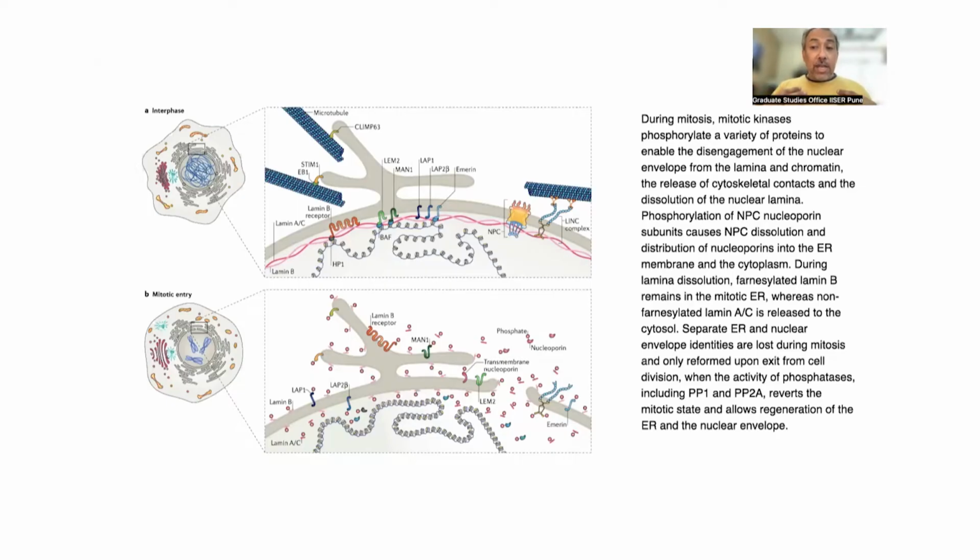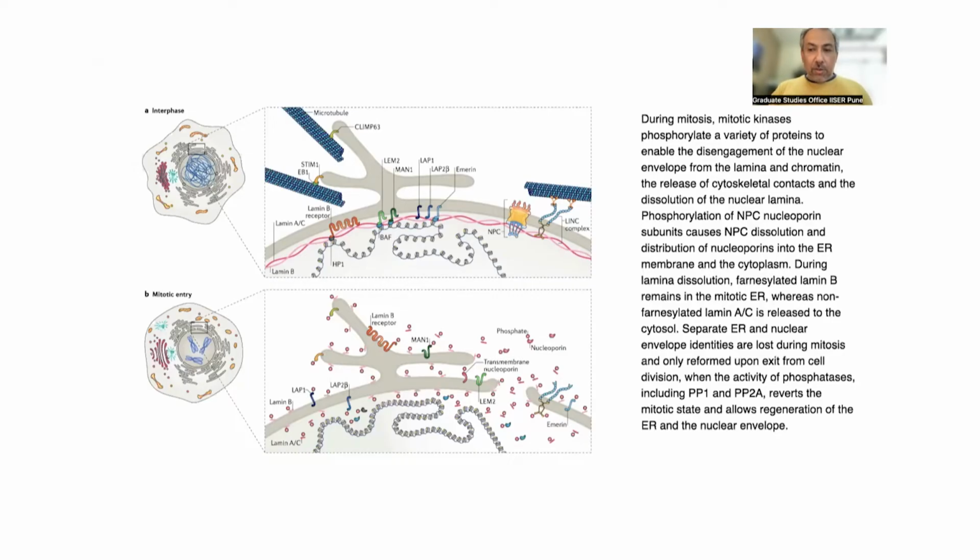The release of chromatin and cytoskeletal contacts and the dissolution of the nuclear lamina take place, which then allows the nuclear membrane and the endoplasmic reticulum to break up and allow the nucleus as we know it to effectively disintegrate. Phosphorylation of the nuclear pore complex and nucleoporin subunits causes NPC dissolution and distribution of nucleoporins into the ER membrane and the cytoplasm.